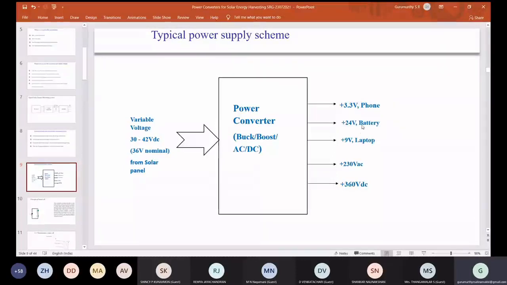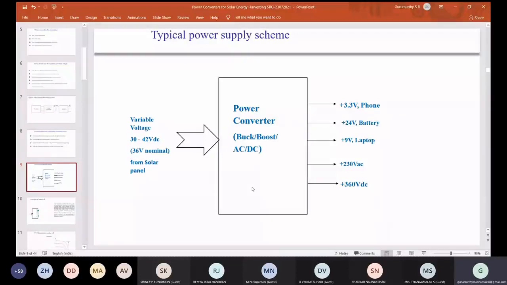You have a laptop, you need 9 volt, or 230 volts 50 hertz for other household gadgets. We need different voltage levels, and there is a varied input voltage. So we need to have this block. This is what the power converter is all about. This is what we are going to discuss in today's session.